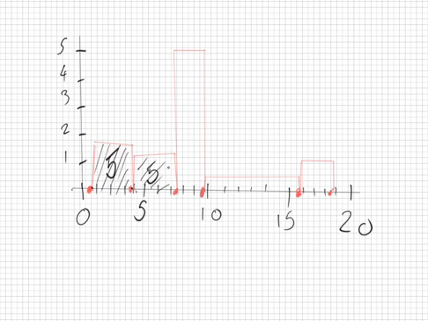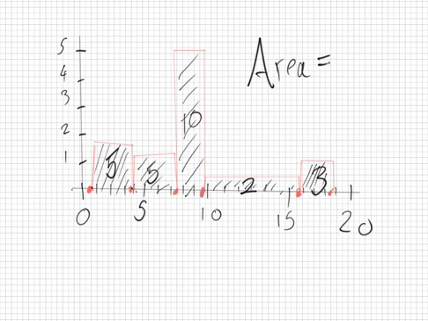Now, the area of this one here will be 10. And the area of this one here, you notice what's happening is each of these areas are the frequency. So what was the next frequency in your table? 2. And then the last one? 3. So the important thing you need to know for the histogram is that the area equals the frequency. Not the heights, but the area.